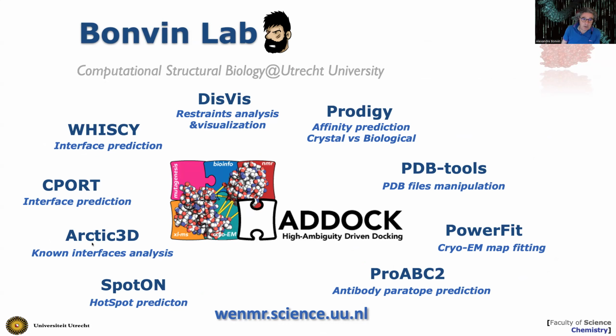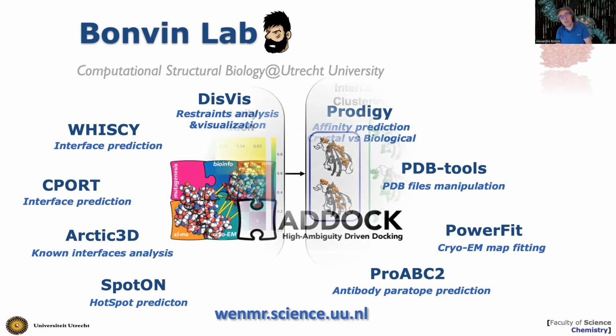And the most recent addition is Arctic-3D. Most of these are provided as web services also from our website, nmr.science.uu.nl. So we're not only providing HADDOCK, but we're providing all kinds of tools around it, most of which are dealing with interactions between biomolecules.